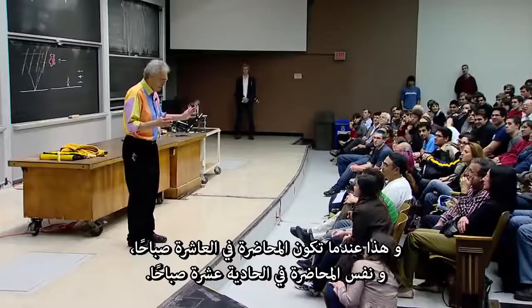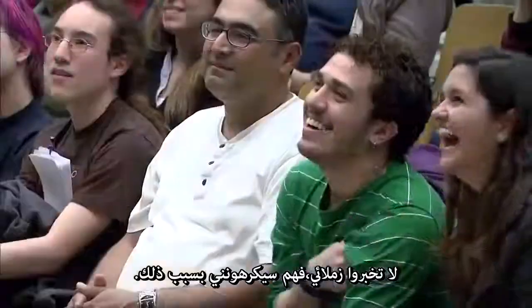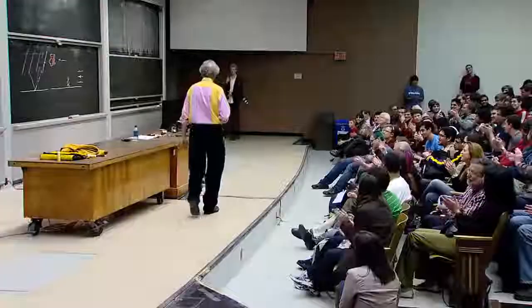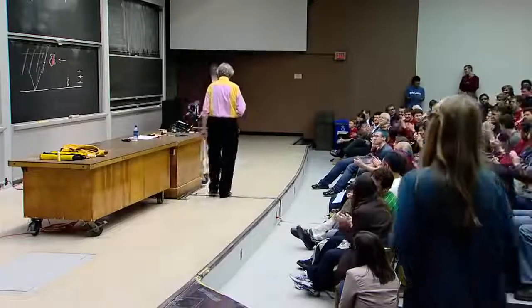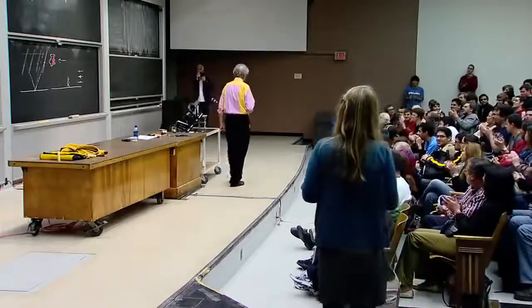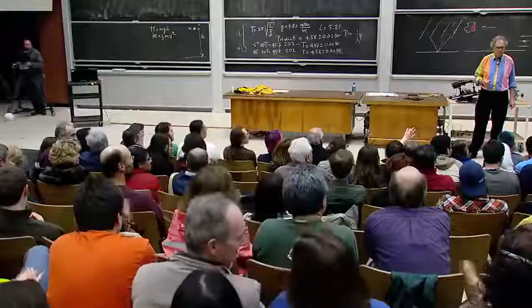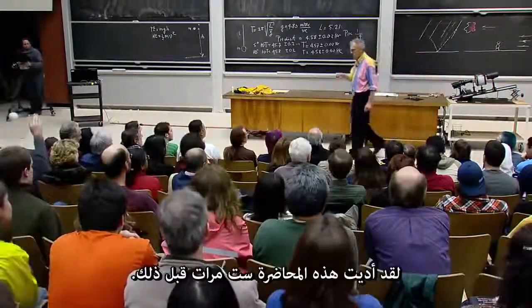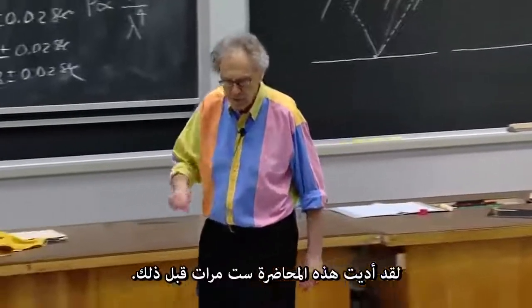That's the way I prepare. Don't tell my colleagues, they will hate me. By the way, I made an exception for this lecture. I dry run this lecture 6 times.